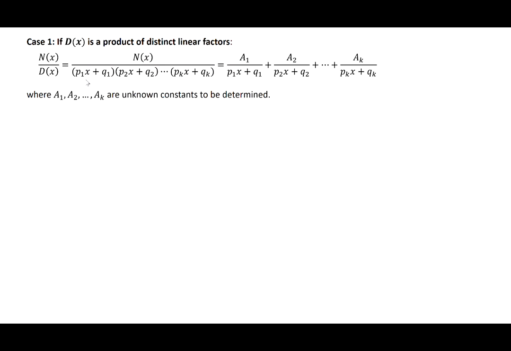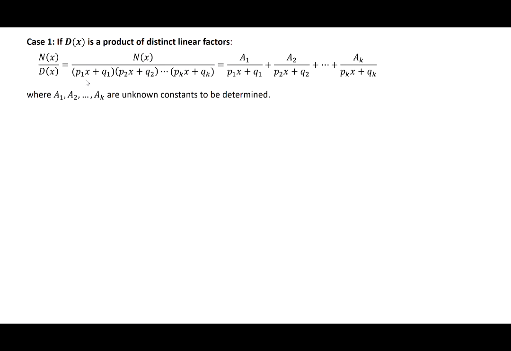What distinct means here is that none of them are equal, like p1 and q1 are not equal to p2 and q2 respectively. So it's not like you have x plus 2 times x plus 2. No, you don't have that situation. If you have x plus 2 as one of them, the other one must be x plus 3 or x plus 4 or something else, right? So that's what we mean by distinct linear factors.